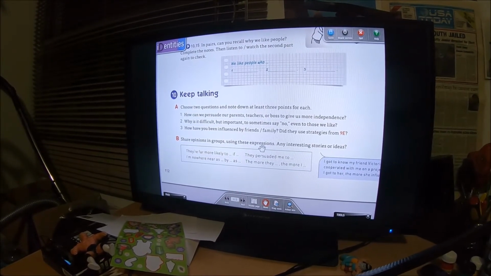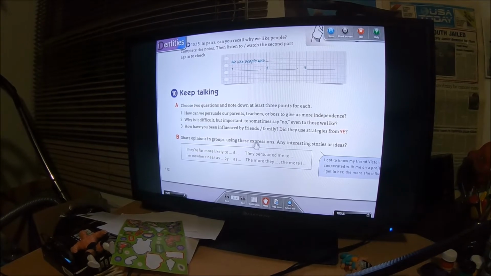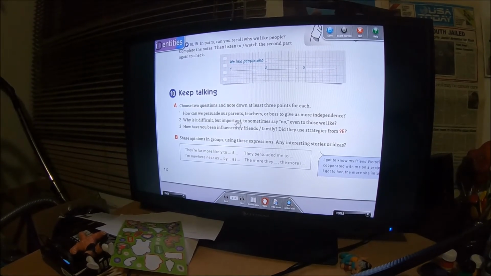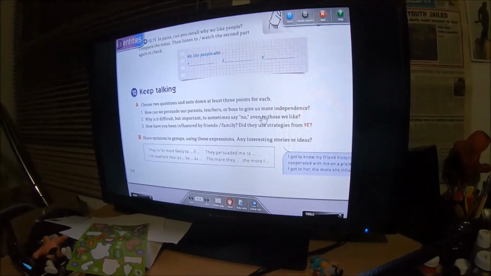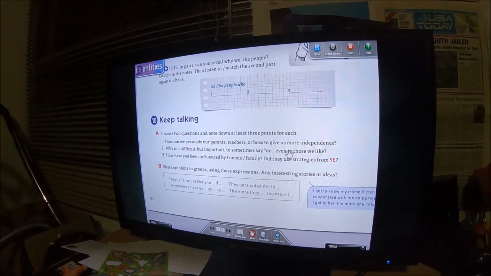All right, so, well, we have some of these. How can we persuade our parents, teachers, or boss to give us more independence? Well, that's a good topic that you guys could use. This is again on page 112. And that would be number 1.